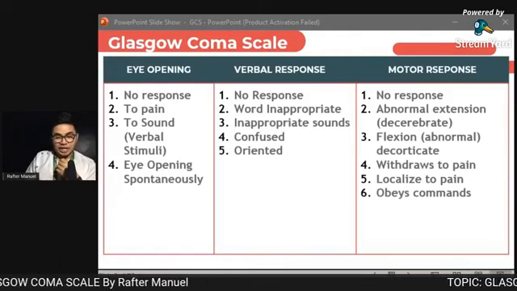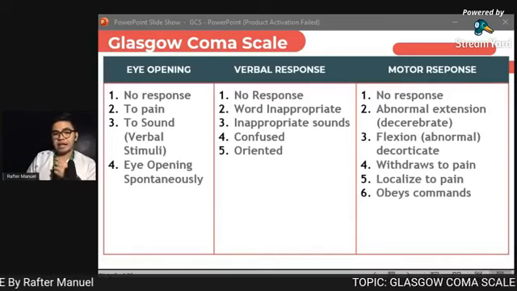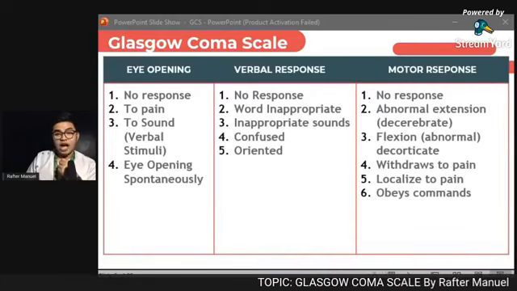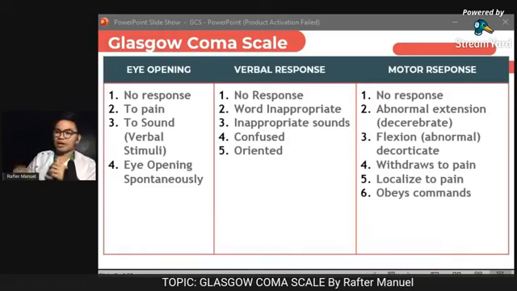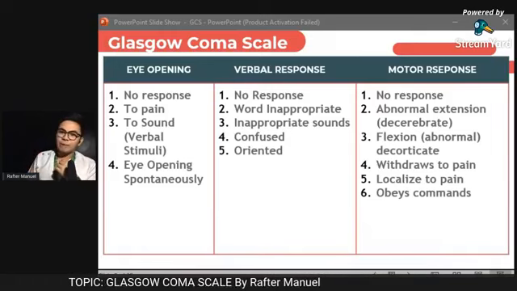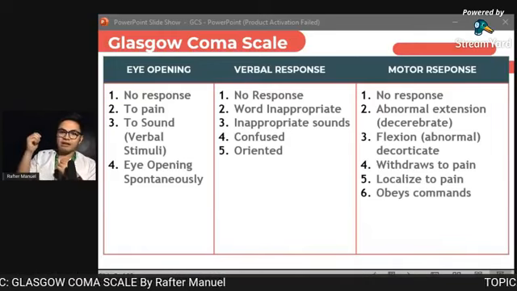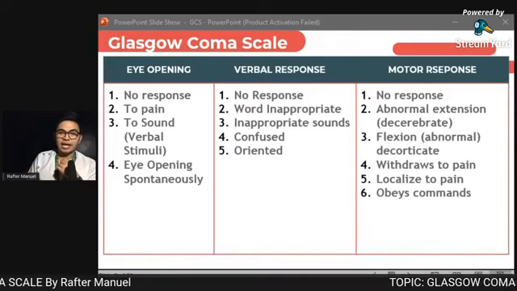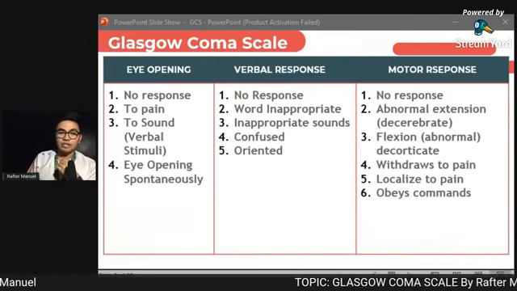As I have mentioned earlier, the GCS rates a patient's level of consciousness according to three components: what their eyes are seeing, that is your eye opening; what they are saying, which is the verbal; and what their muscles can do, which is their motor.